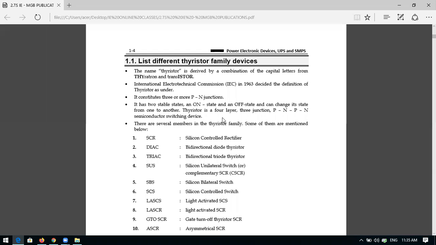Please note these device names. What is SCR? It is a silicon controlled rectifier, and the second one is the diode AC or bidirectional diode thyristor. Both are the same. Triode AC: tri means three, ode means terminals, a three-terminal AC device. Diode AC: diode means a two-terminal device.